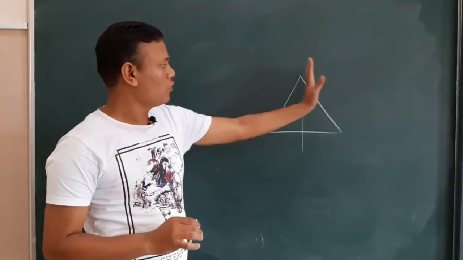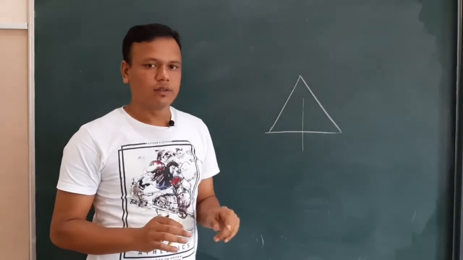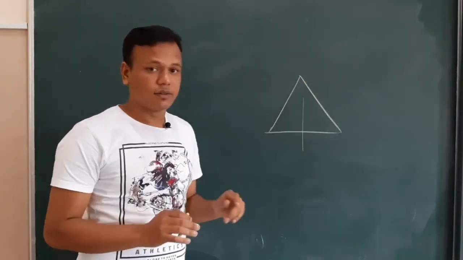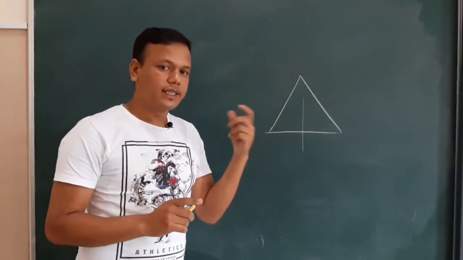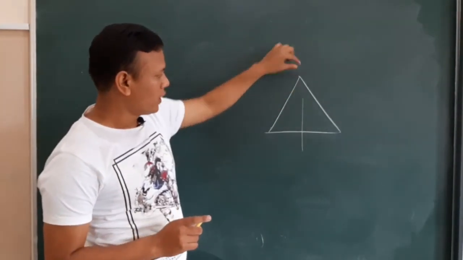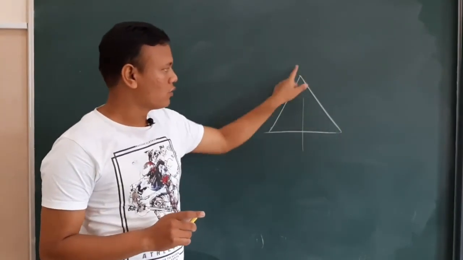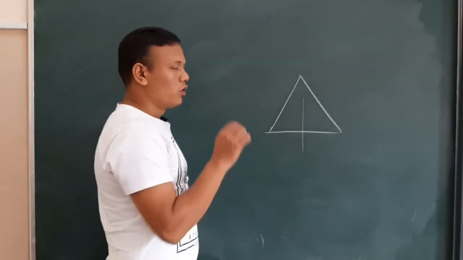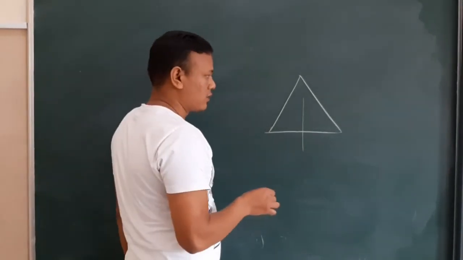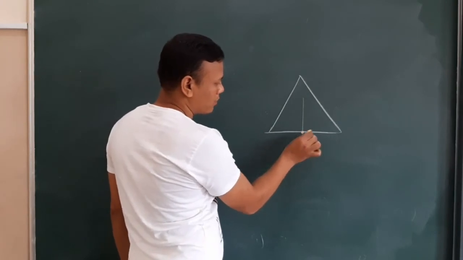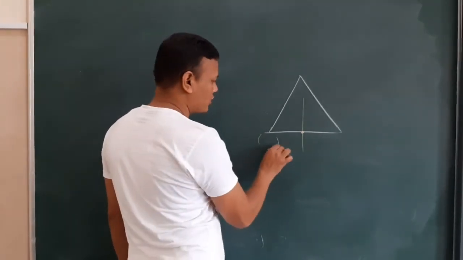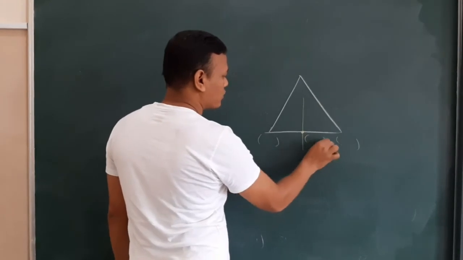But if the equations of the sides of the triangle are given, then you have to find the points of intersection, which we have already seen. So you first have to find the coordinates of the vertices. Now to draw the perpendicular bisector, first you have to find the midpoint. You have two coordinates here, so you will be able to find the midpoint.